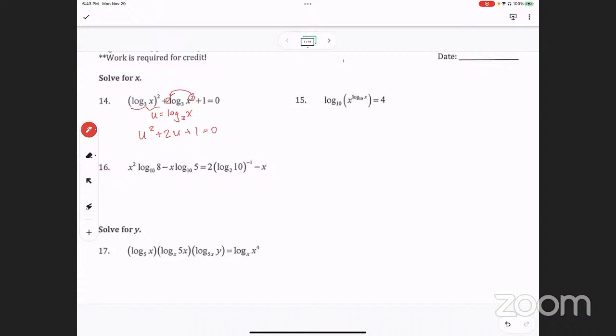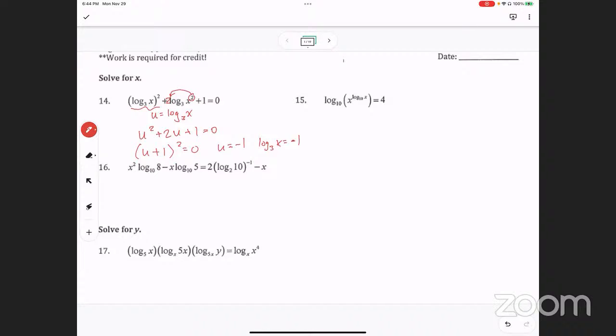Do you see? Yeah. Okay, stop me if I'm losing you. Which means u plus 1 squared equals 0. Which means we have no solution, I believe, because that would mean that u equals -1, which means the log base 3 of x equals -1.